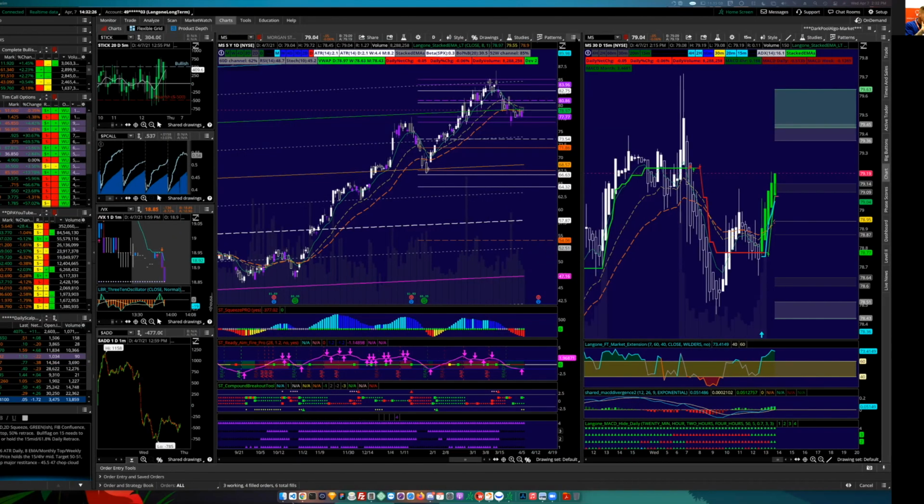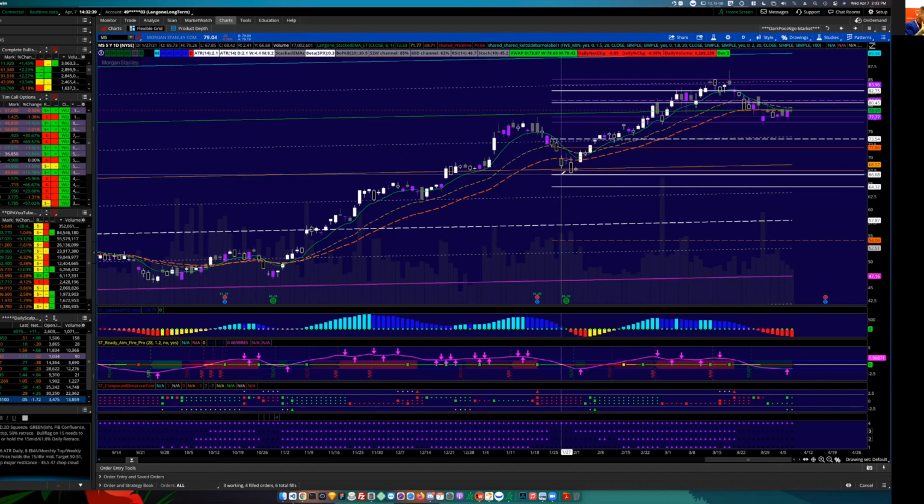One of the things I like to do right off the gate is go ahead and outline some Keltner channel support and resistance areas. I've got my charts color coded for that. I have the daily, weekly, and monthly on this chart here.